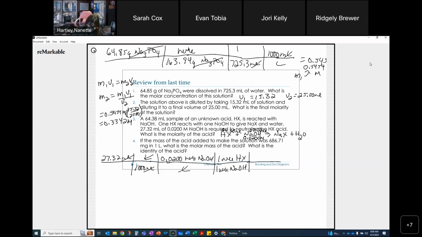And I want to know what the concentration of that HX is. So if I have moles, then I need a volume for that HX. And that was 64.38 milliliters. So I'll divide by that volume and then do the conversion from milliliters to liters. That'll leave me with moles per liter of HX.